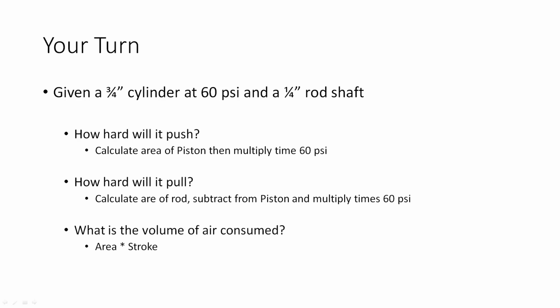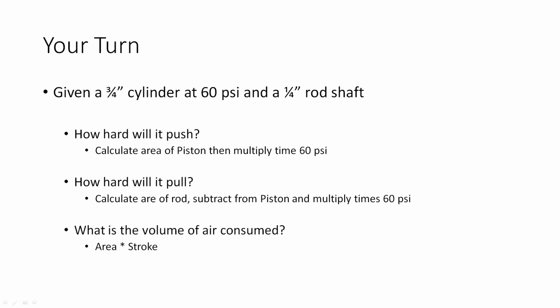So if I had a 3/4 inch piston at 60 psi with a 1/4 inch rod shaft, now that's pretty close to what they are. The question is, how hard will it push? So the way to compute that is to calculate the area of the piston and then multiply times 60 psi. To find out how hard it will pull, calculate the cross-sectional area of the rod and subtract it from the area of the piston.